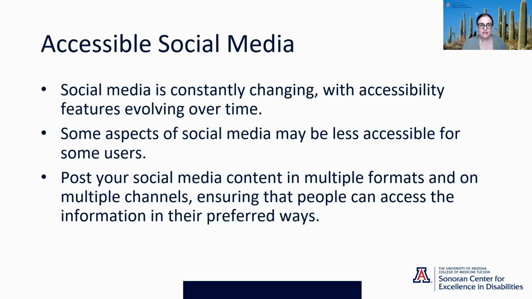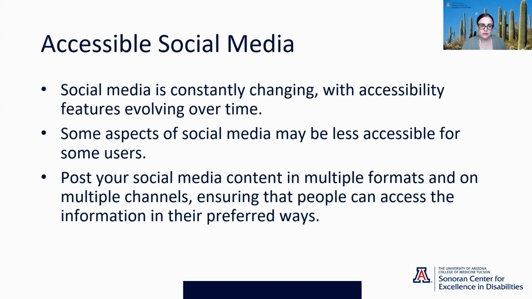It's important to stay up to date on platform accessibility features. The good news is accessibility has become a larger priority for many social media platforms in recent years, with platforms now including things like alt text and auto-generated captions. And it's important to be familiar with each platform's accessibility features and resources.